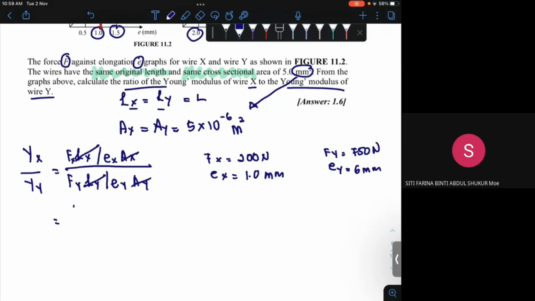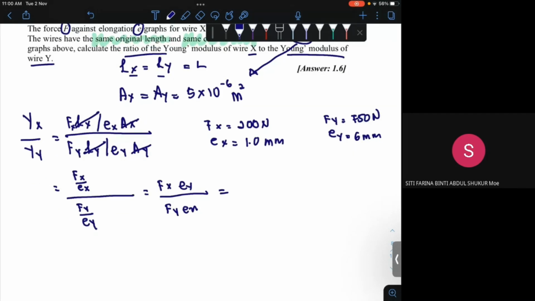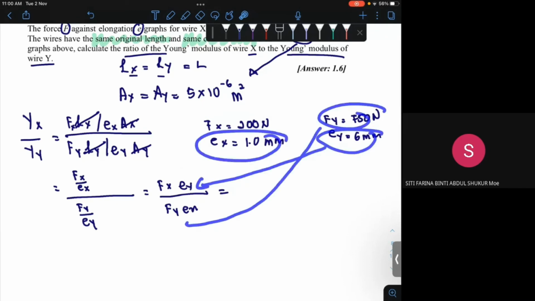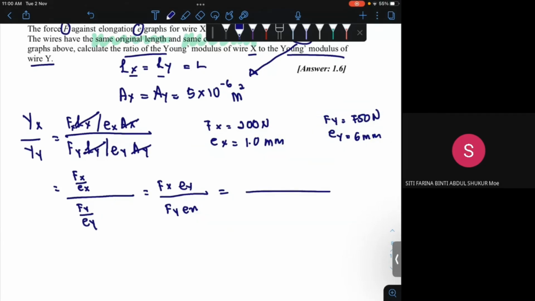Boleh dapatkan fx over elongation x bahagi dengan fy over elongation y tadi. Ia akan jadi fx ey fy ex. Dan awak masukkan nilai yang awak pilih. Fx berapa, ey berapa, fy berapa dan juga ex berapa. Choose your forces and the elongation, masukkan, boleh dapat nilai.